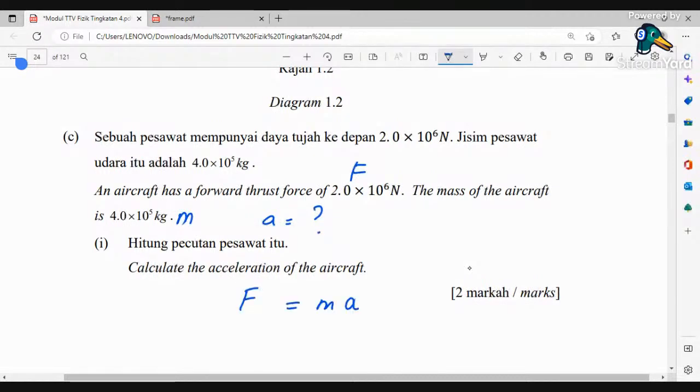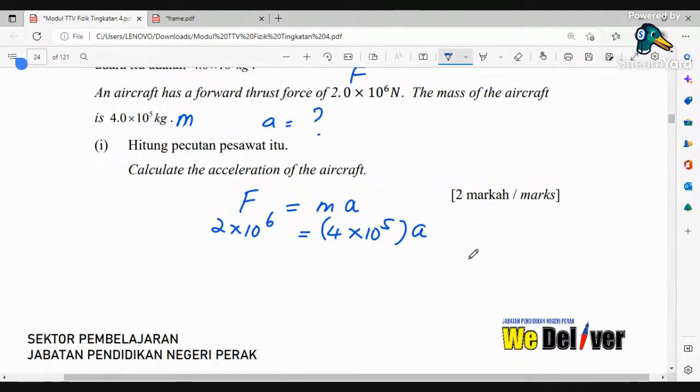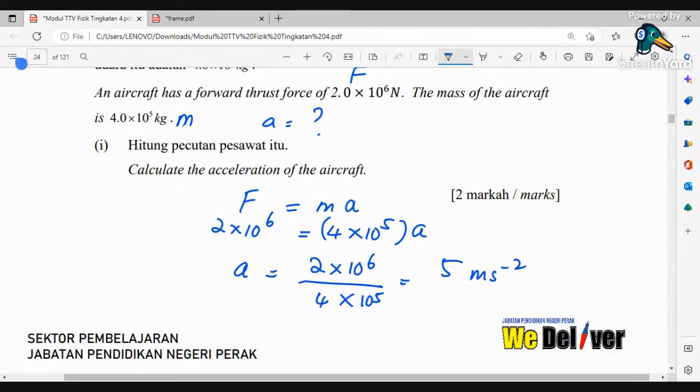Gantikan saja force. So a ialah 2 times 10 power 6 divided by 4 times 10 power 5. So you will get the answer ialah 5 meter second negative 2.